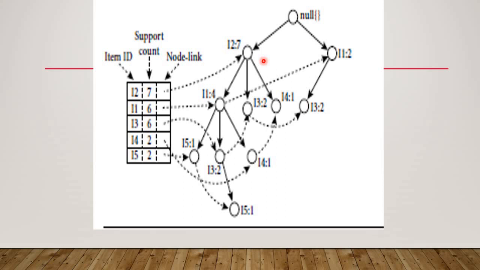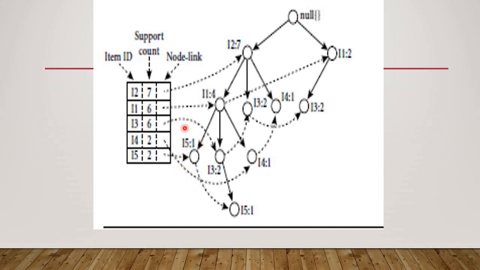But what will be the count of that path or the frequency of that path? For example, if I consider I2, I1, I5, this path is traversed once in order to reach I5, because the count of I5 here is 1. So the path is considered only if its count is more than or equal to the minimum support, but the count with respect to the path will be equal to the frequency of the node which is marked as beta.